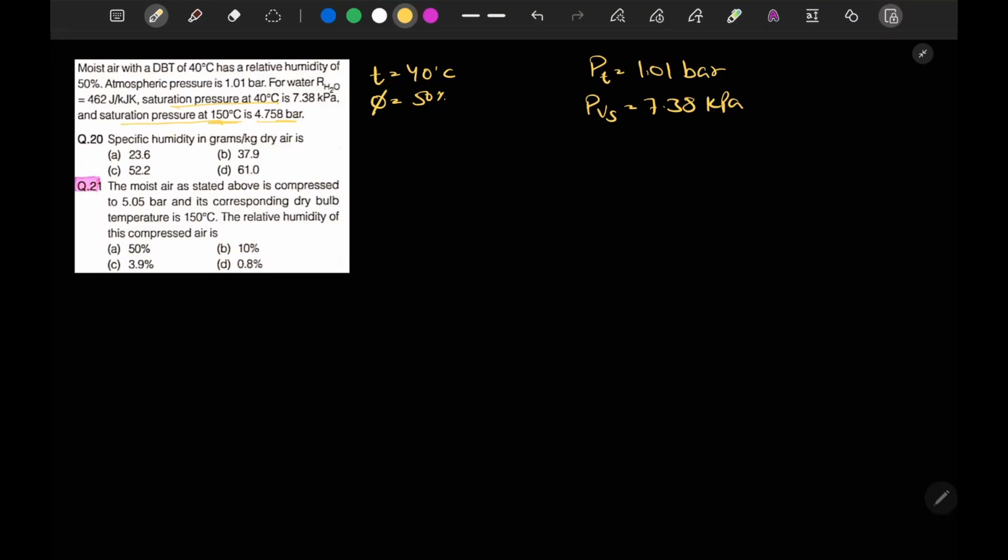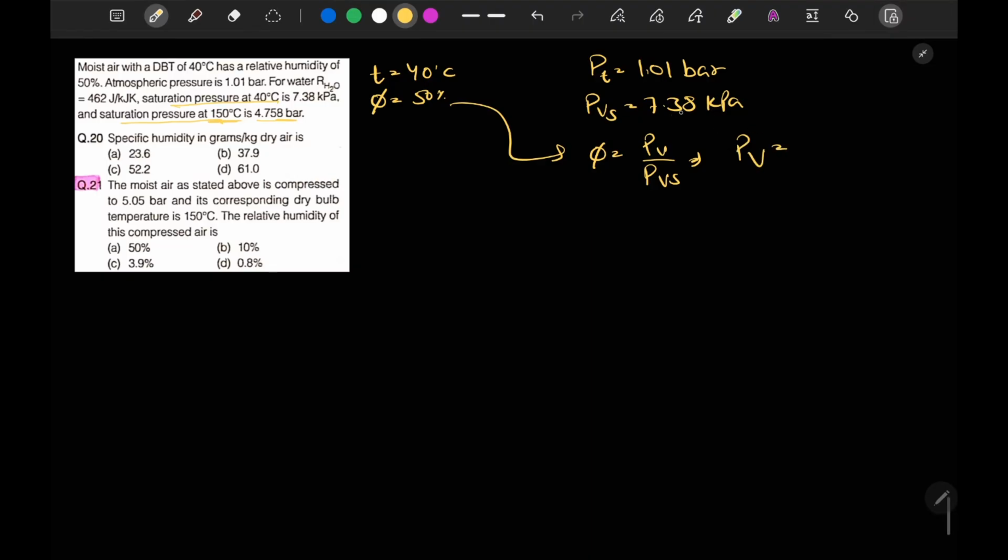Now if we use the phi relation, we know that phi is equal to PV upon PVS. From here we can calculate PV equal to 0.5 times PVS, so we will directly divide it by 2.